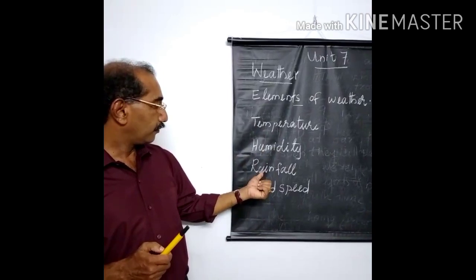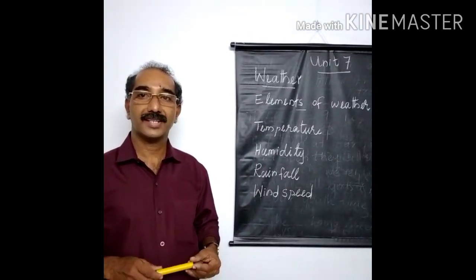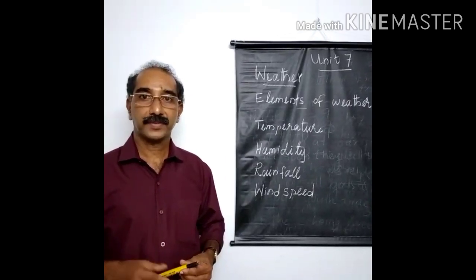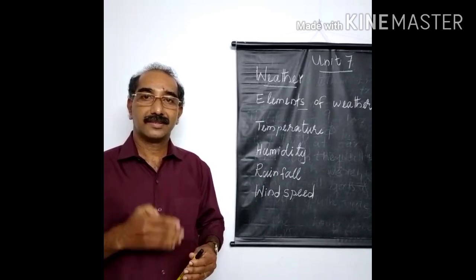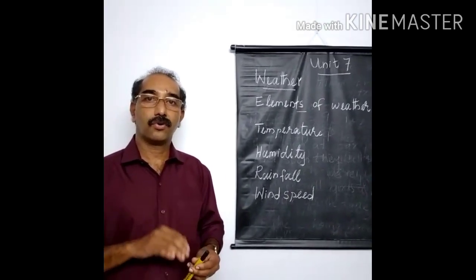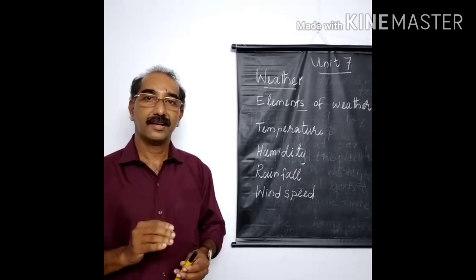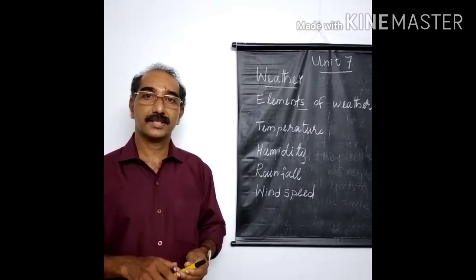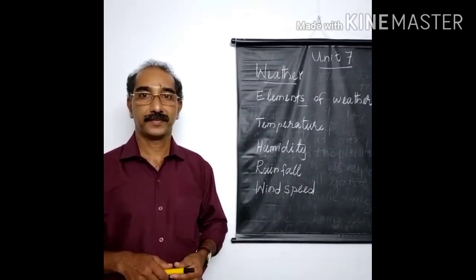Next is rainfall. Rainfall is usually measured using a device called a rain gauge, and it is measured in millimeters. 20 millimeters, 30 millimeters are some of the measurements of rainfall in a day. The maximum amount of rainfall in a day recorded in Kerala was 40 millimeters in Trivandrum last year.